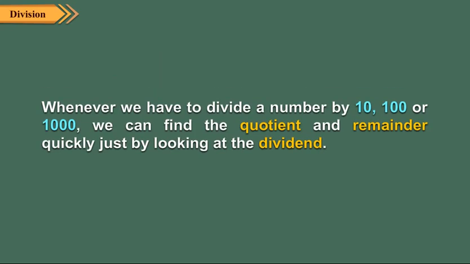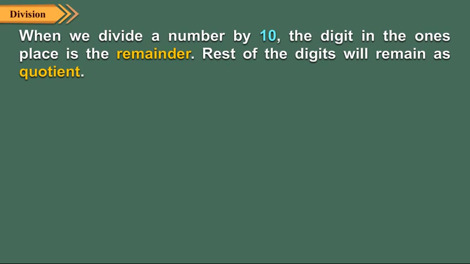Whenever we have to divide a number by 10, 100 or 1000, we can find the quotient and remainder quickly just by looking at the dividend. When we divide a number by 10, the digit in the ones place is the remainder. Rest of the digits will remain as quotient.